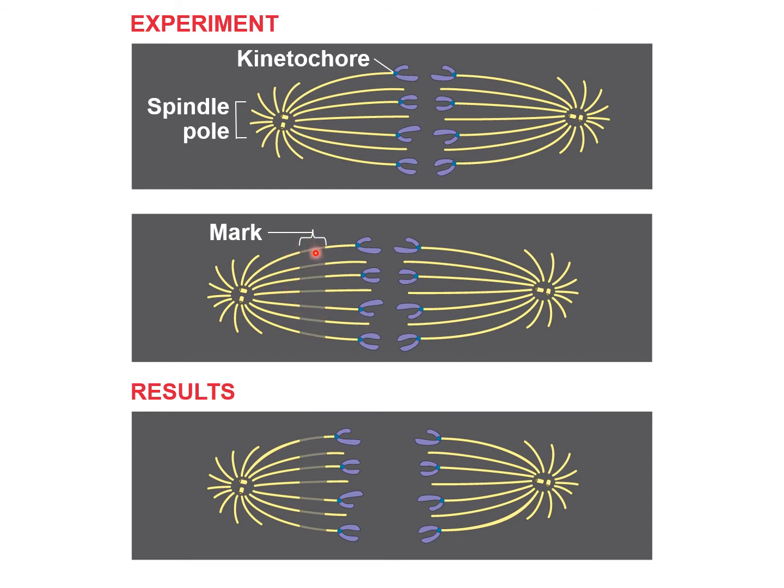If it was a pulling by the aster, what you would see is that label would move closer and closer to the aster. But what we don't see is that label moving. We see the chromosomes moving, but we don't see the label moving. So when we do this pulse chase experiment, we pulse it with a label.